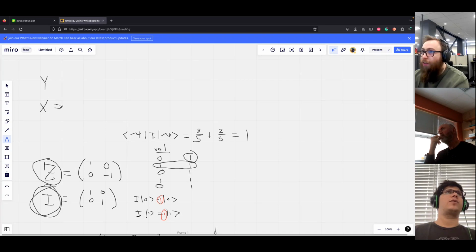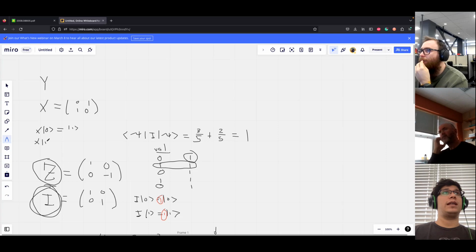I don't remember the formula for the Y, but the X is 0, 1, 1, 0. And what you need to do is compute the eigenvalues of this. It's easy to get them from this expression. So remember, when we apply the X operator on the 0 state, we change it for 1, and when we apply it on the 1 state, we change it for a 0.